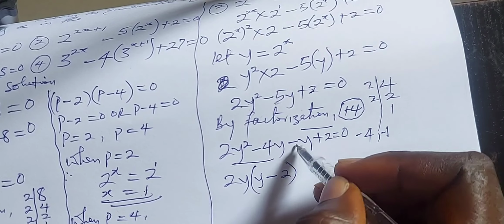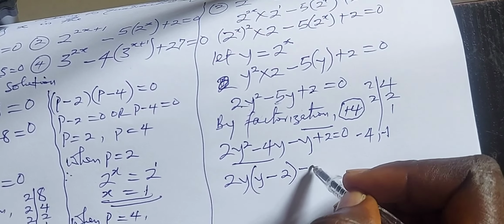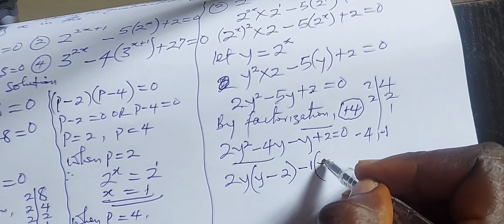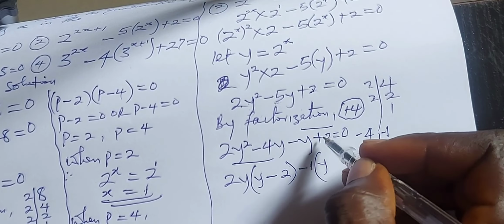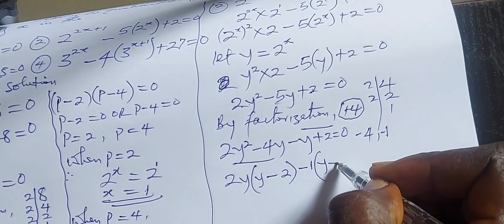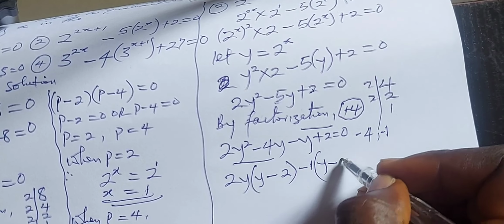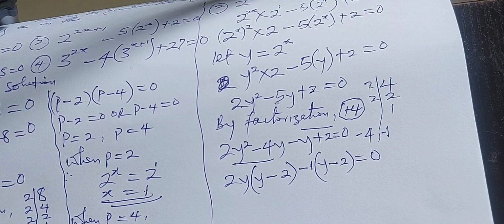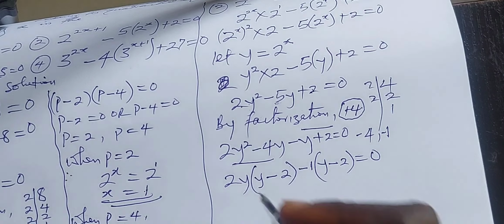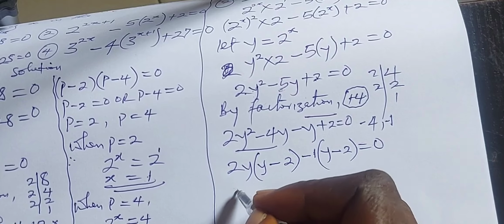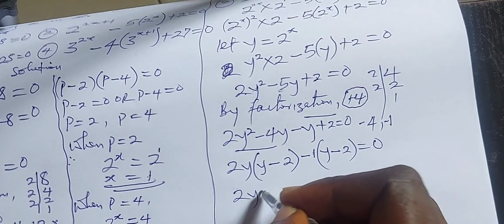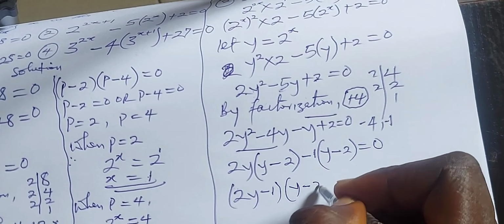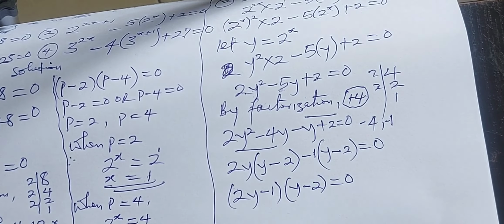What is common in the second expression is minus 1. Minus 1 into this gives y, minus 1 into this gives minus 2, and that gives us 0. So you can go further to write 2y minus 1 in bracket, y minus 2 equals 0.